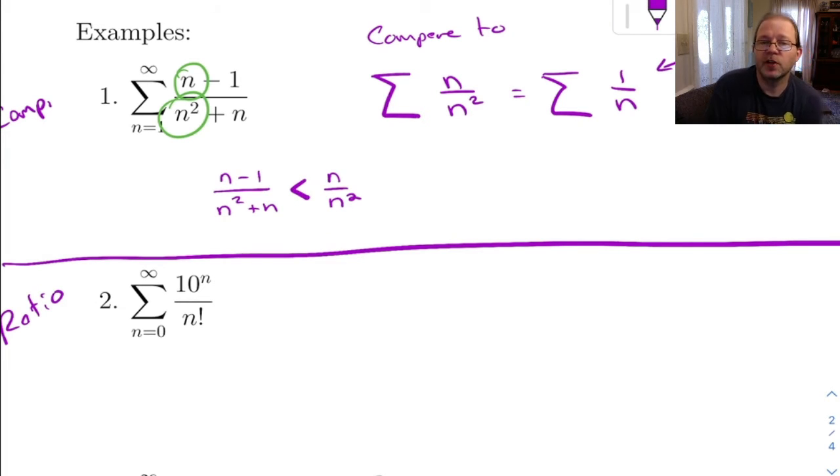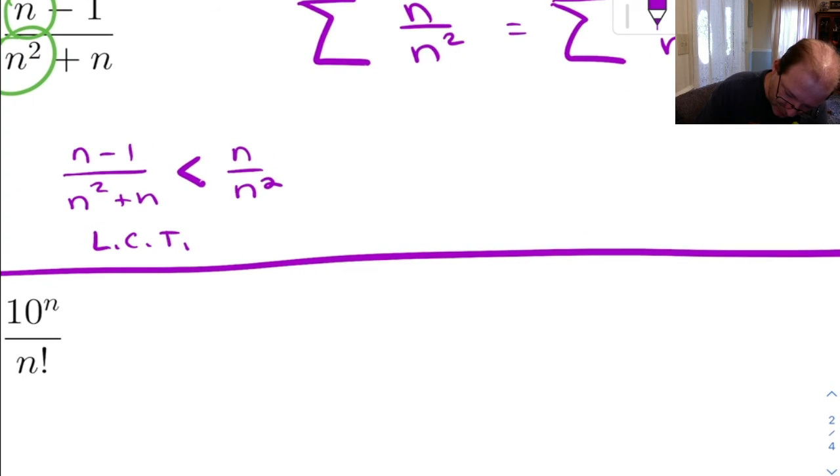So if we want to do this formally, we have to use the limit comparison test. So let's compare these two. With the limit comparison test, you take the limit as n goes to infinity of one term over the other. I could use n over n squared, but I'm not. I'm going to use 1 over n.